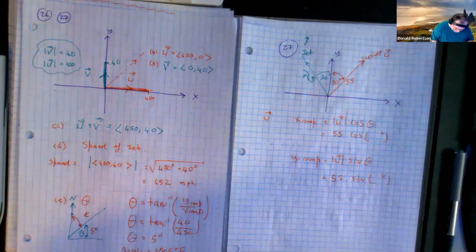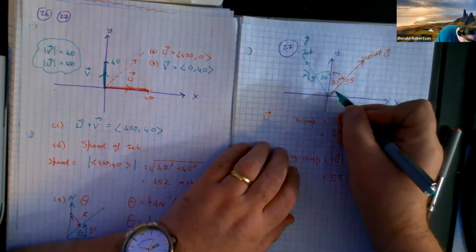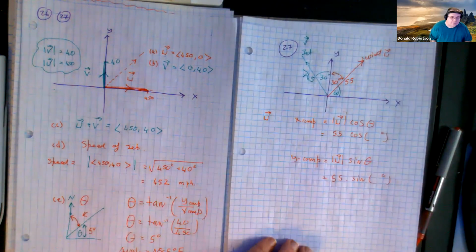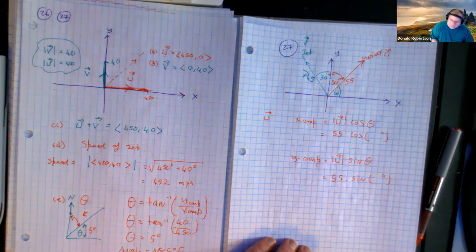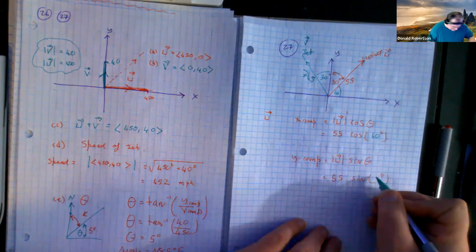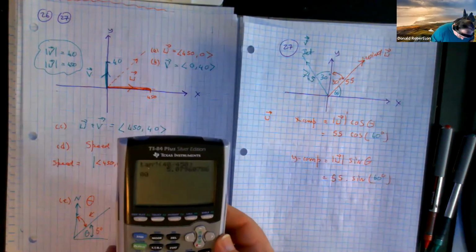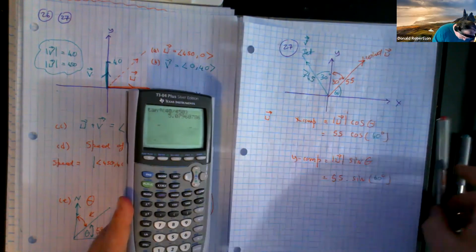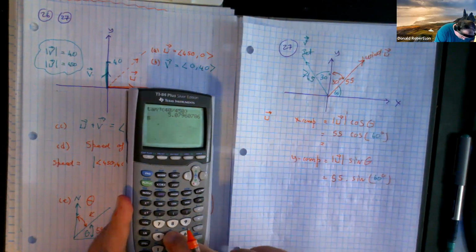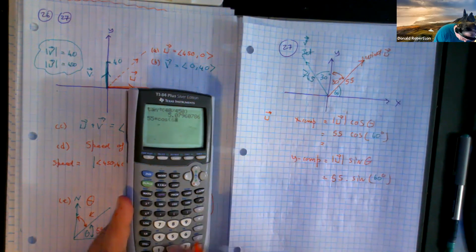And hopefully we've done this enough times that if that's 30, would you agree this angle, the one we're really going to use, is 60? That seem reasonable? So I'm putting 60 in there. And we're going to be working with decimals here, so that's fine. 55 times the cosine of 60, 27.5.